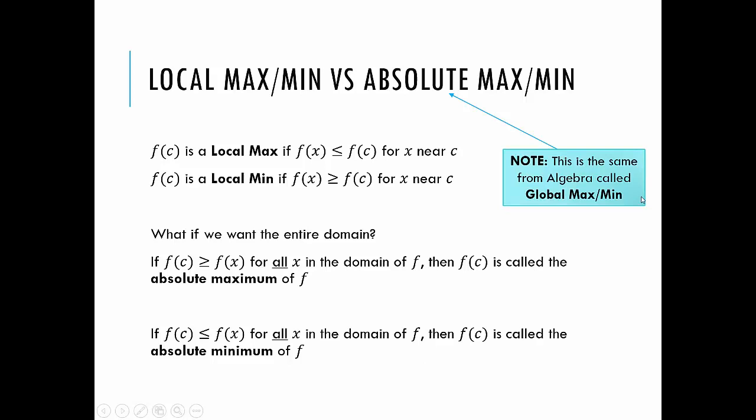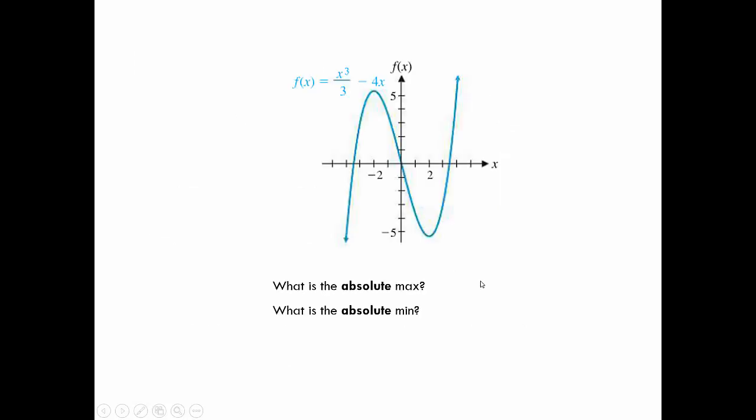And again here, I've mentioned that this absolute sometimes is called global, and I should put a little note here that local sometimes is called relative. So if I'm looking at this graph and I want to know what the absolute max is, and what the absolute min is, what do you think it is? If you're looking at this low point and this high point, you're wrong.